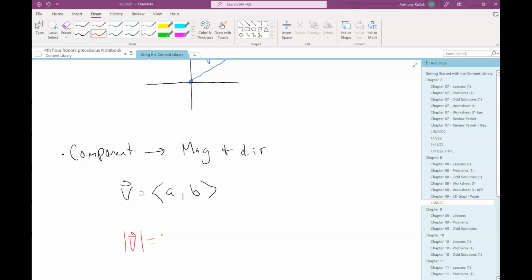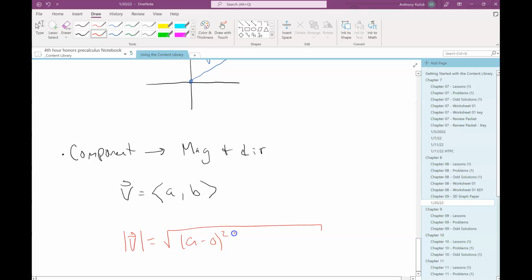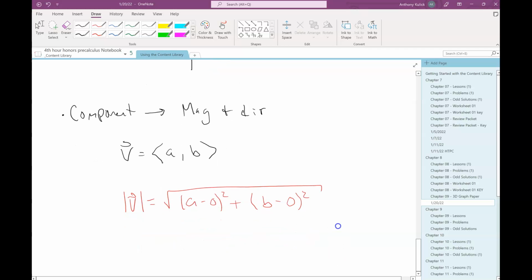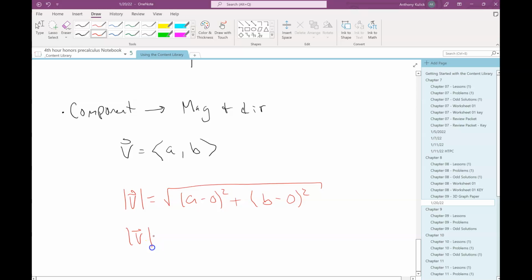So in component form, one point is the origin, 0, 0, and the other point is the head, or in this case, a, b. So here, I'm just going to have x1 minus x2 squared plus y1 minus y2 squared, or it just boils down to square root of a squared plus b squared.